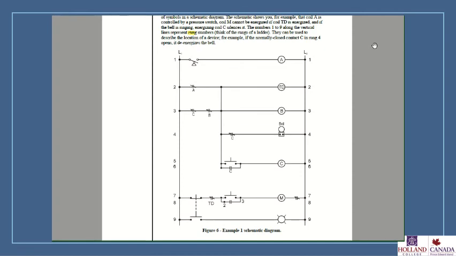The normally open contacts between terminals 2 and 3 are considered to be the holding contacts of coil M unless otherwise stated.